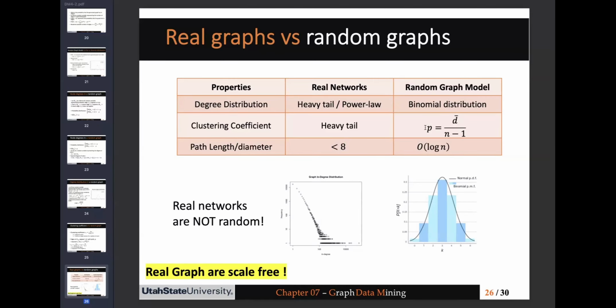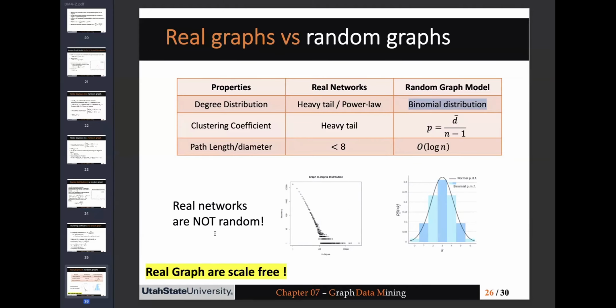It does not have a heavy tail distribution. We're talking about a binomial degree distribution, so there is no heavy tail. It is a very beautiful symmetric distribution in terms of degrees for the case of a random network. The paths also scale logarithmically with the number of nodes, as I mentioned.